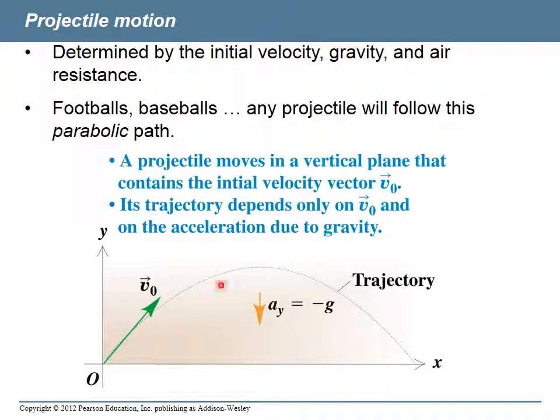And this actually acts like our acceleration to stay in a curved path. So the gravity, or the acceleration downward, is going to dictate the projectile motion. If I had no gravity, then there'd be nothing to pull it down, so it would just continue in a straight path all the way up the screen.